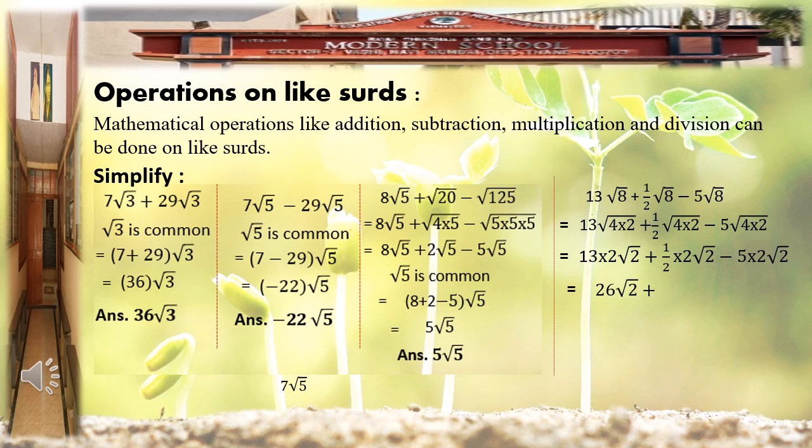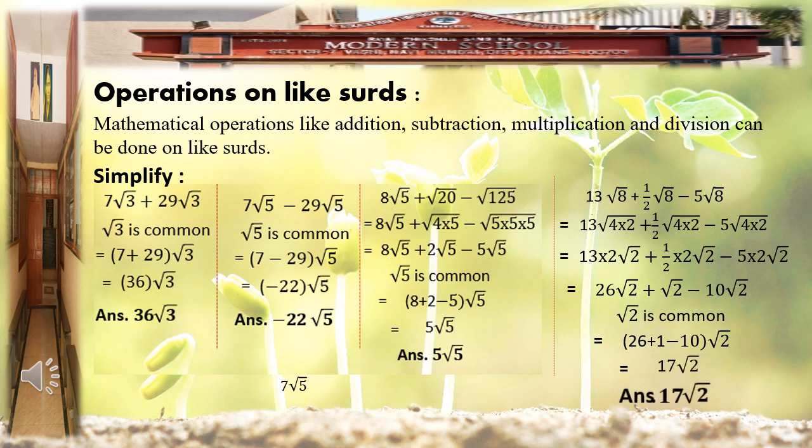Next, 2 and 2 cancel. So it is root 2. And next number is 5 into 2, which is 10 root 2. Now, root 2 is common. And 26 plus 1 minus 10 is 17. So, we get 17 root 2 as answer.